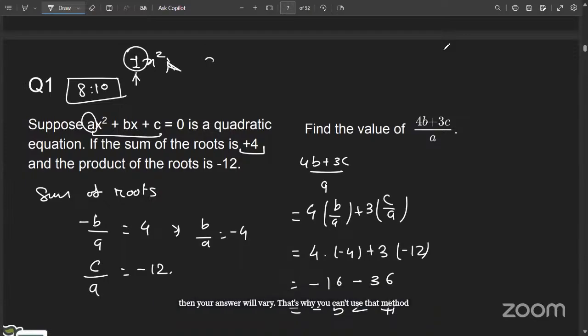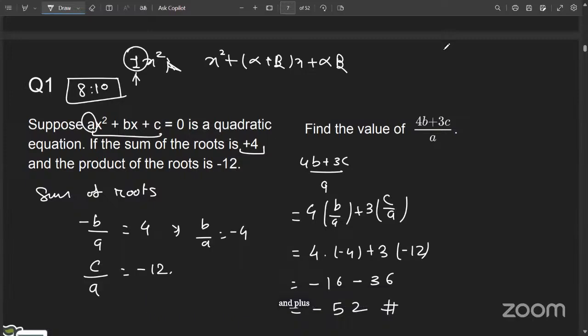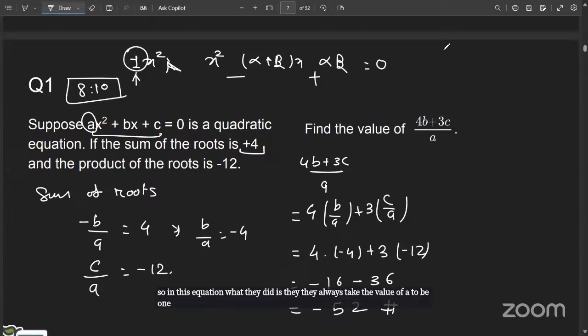So that equation can be written as x square minus alpha plus beta of x plus alpha beta equals 0. In this equation, what they did is they always take the value of a to be 1. But it's not always the case, right?